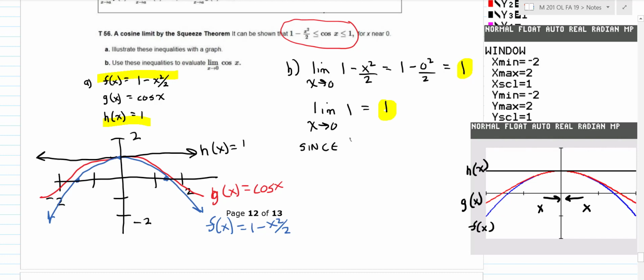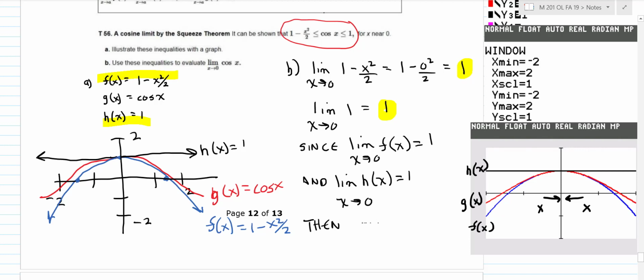You could say since the limit of the first function, f of x, is equal to 1, and the limit of the outer function, h of x, is equal to 1, then you could say that the limit of g of x, the cosine, is also equal to 1. And then you just say by the squeezing theorem. That's the way you would write your work out on that.